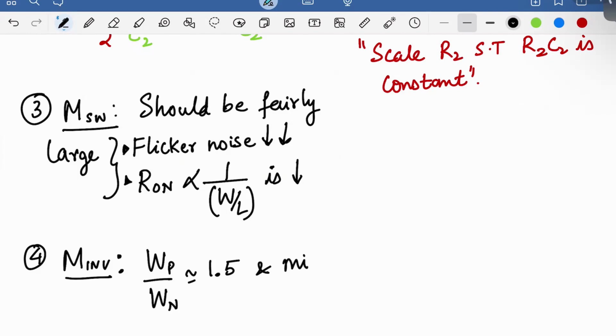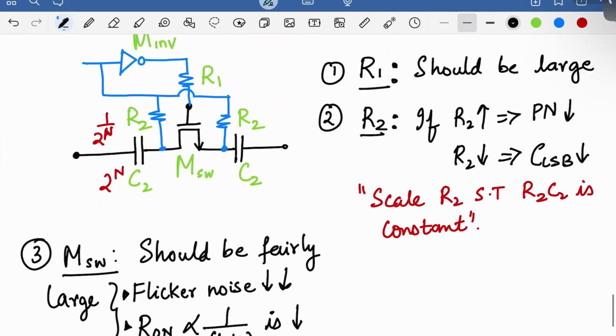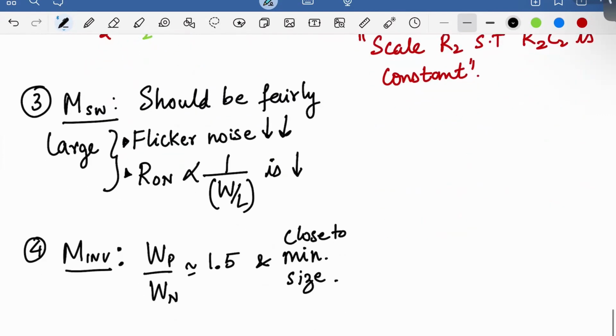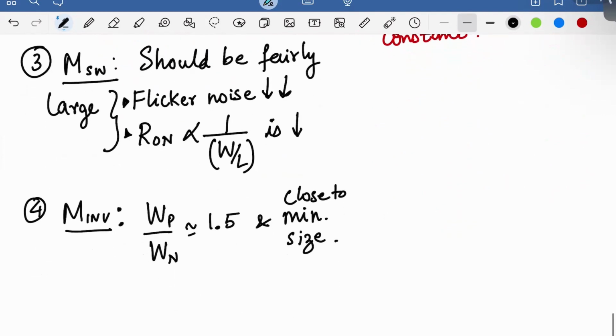And I'll use close to minimum size. There are many considerations to keep in mind, but in this case, it's not that important because these inverters anyway look like common mode to the oscillator. Okay. I think that's pretty much it.